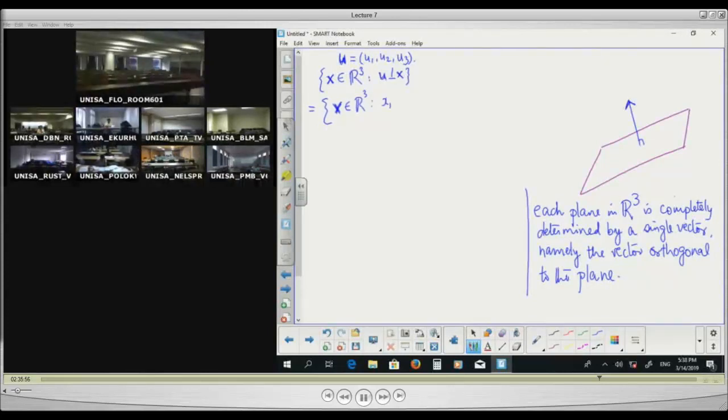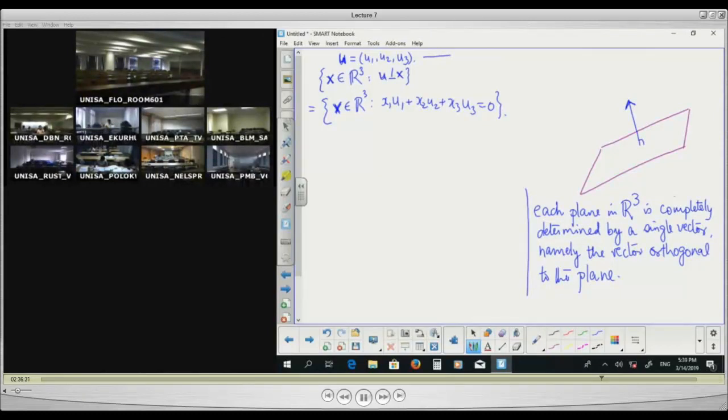We often say that u1, u2, u3, of this vector u, are called the direction cosines of the plane. That means it measures the angle that the plane makes with the x-axis, y-axis, and z-axis.